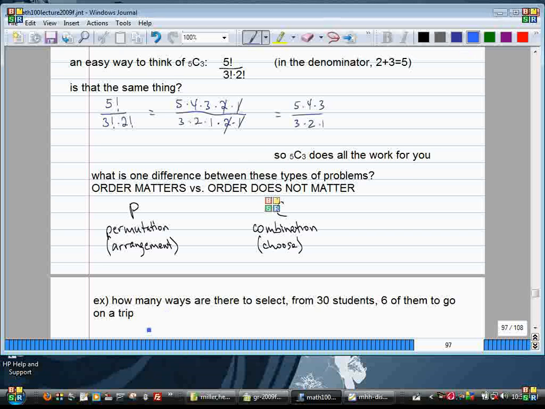So this is going to be 30 something 6. So the thing we need to ask ourselves is what? Right. So does order matter? Going on a trip, does order matter? Nope. So 30C6.